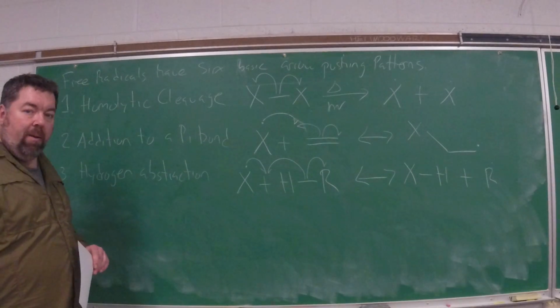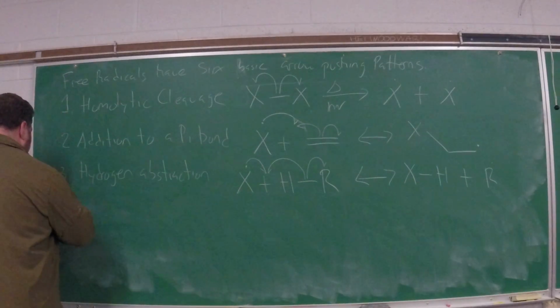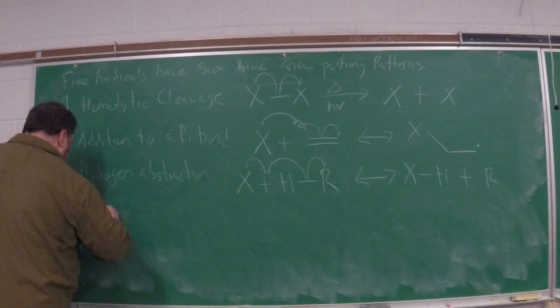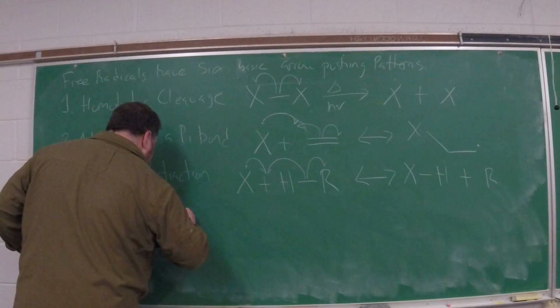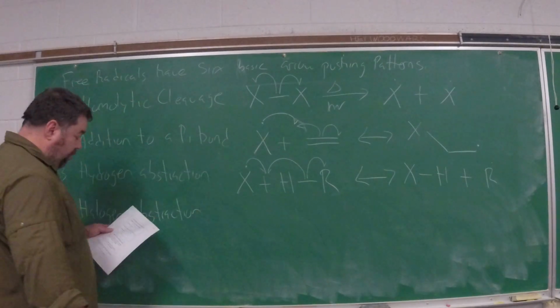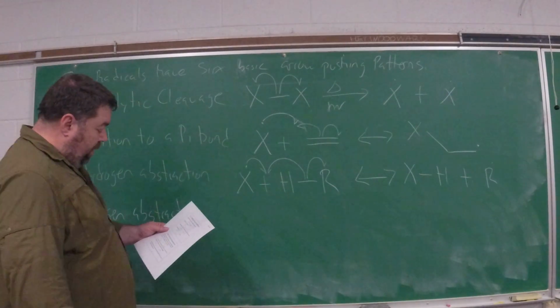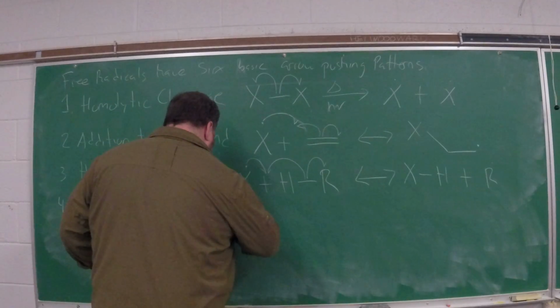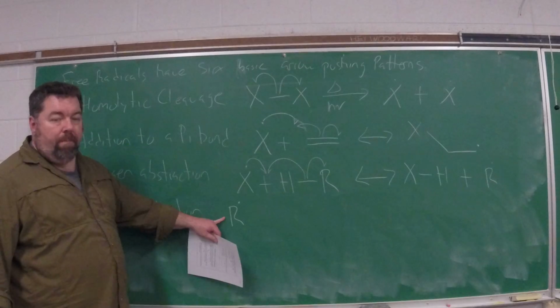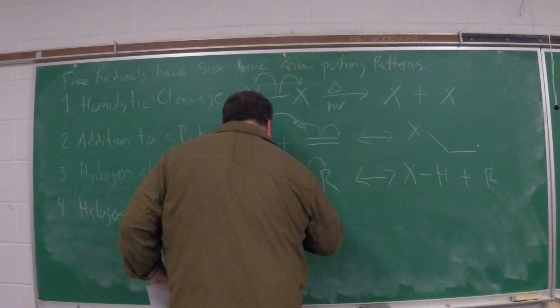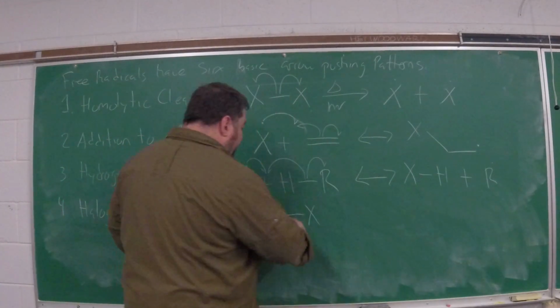We're going to have halogen abstraction, similar to this. Except we're going to have a halogen. All right? We're going to have something like this. We're going to have a carbon free radical, okay? Then we're going to have our radical.